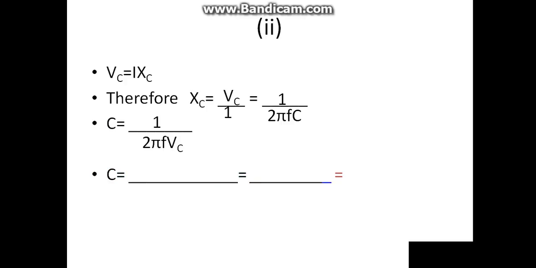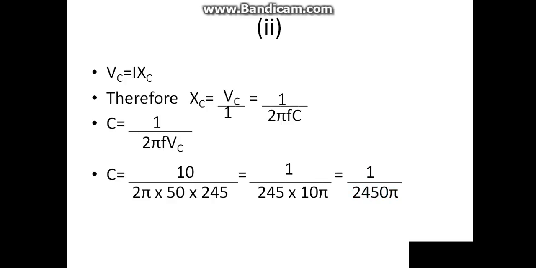Then substituting the values, C is equal to 10 over 2 pi times 50 times 245, which is equal to 1 over 245 times 2 pi, which will give us 1 over 2450 pi. C is now equal to 130 microfarads.